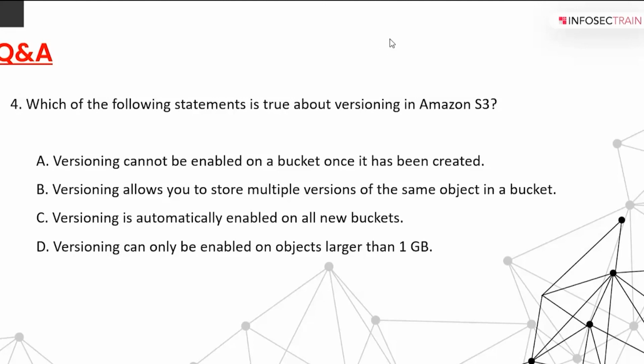Then there is a question: which of the following statements is true about versioning in Amazon S3? Many of us are saying A, B, people are getting confused. The correct answer is B. Versioning allows you to create multiple versions of the same file in a bucket.